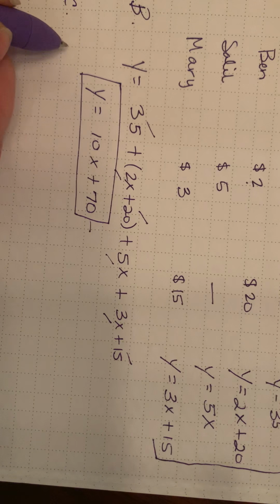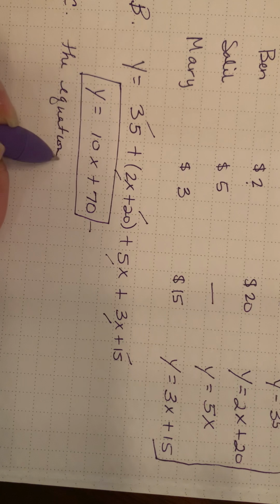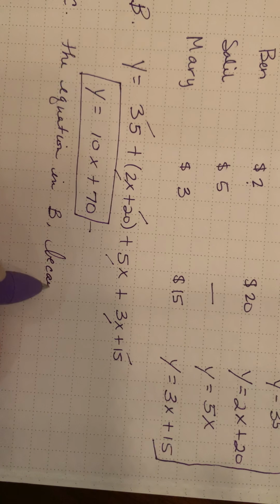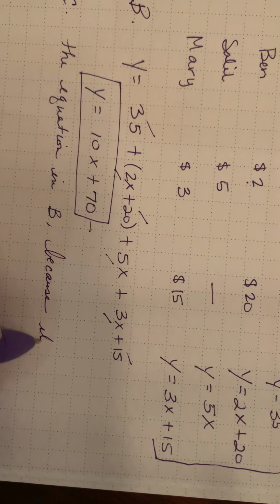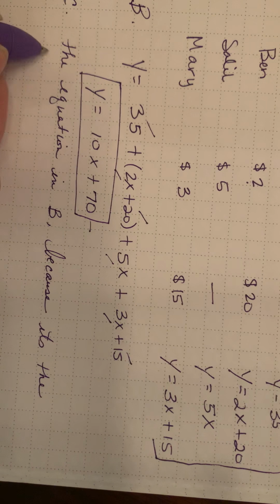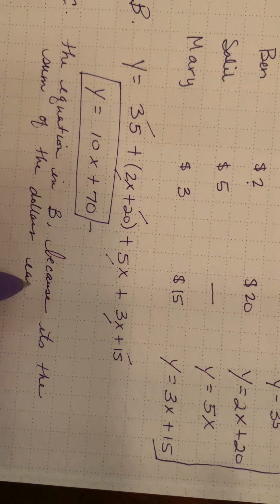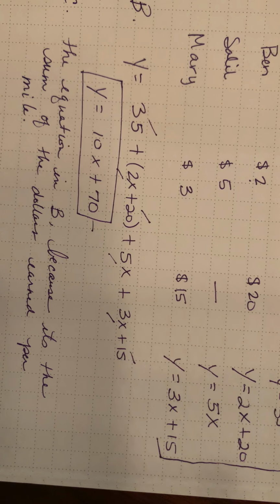And so your answer for C is the equation in B, because basically it's the sum of the dollars earned per mile. And that does represent your slope. All right, so there's 32.